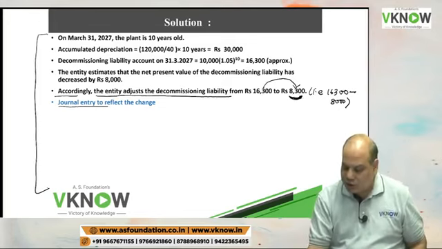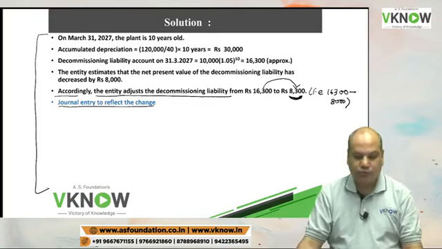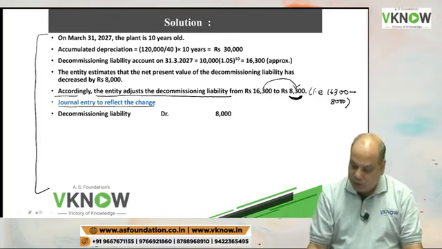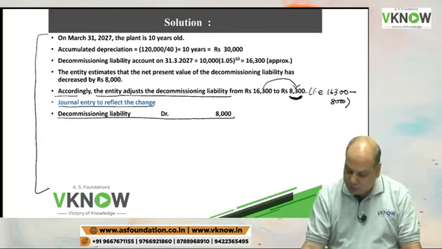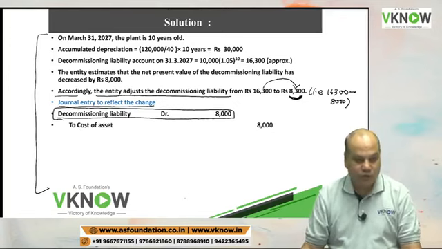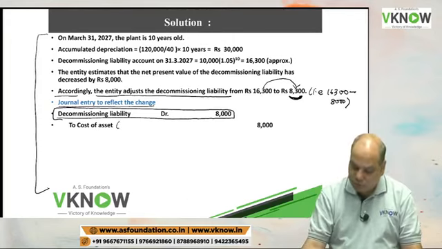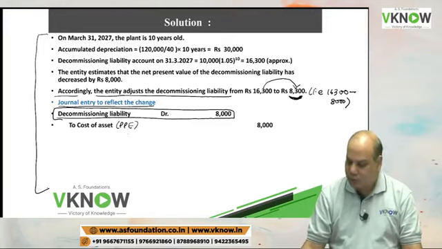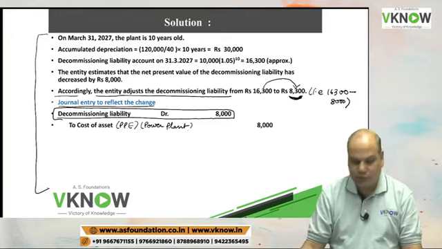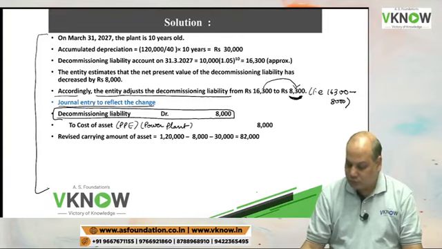So the journal entry to reflect the change. What journal entry will we pass? My liability is reduced by 8,000 rupees. Decommissioning liability account debit 8,000 to PPE account, or nuclear power plant account, whatever name you want to write, 8,000. Have you written?